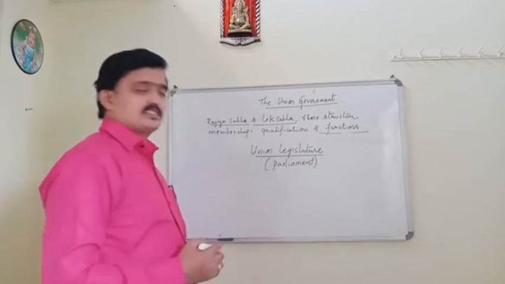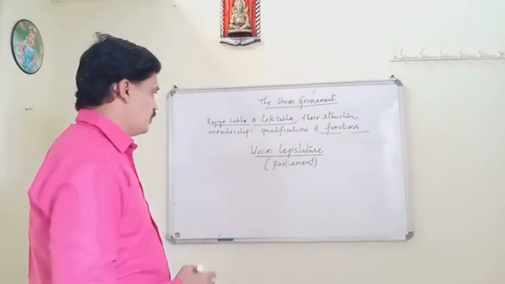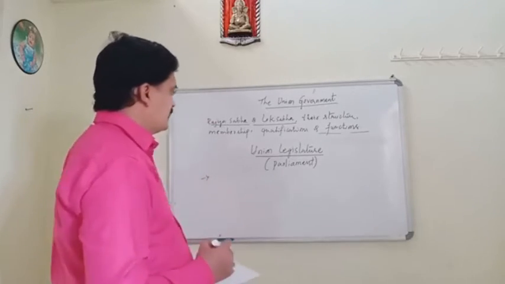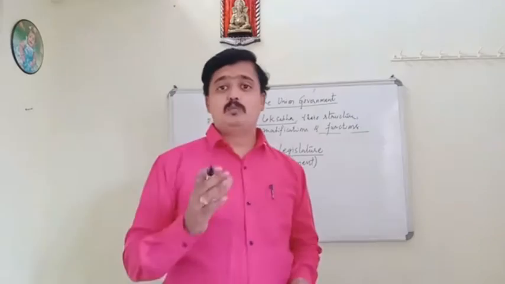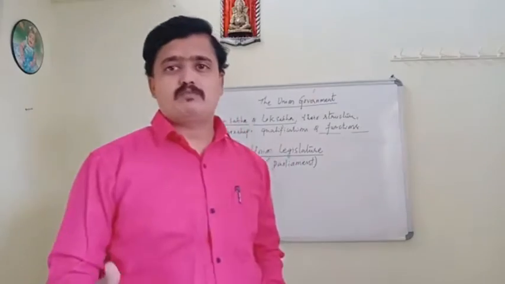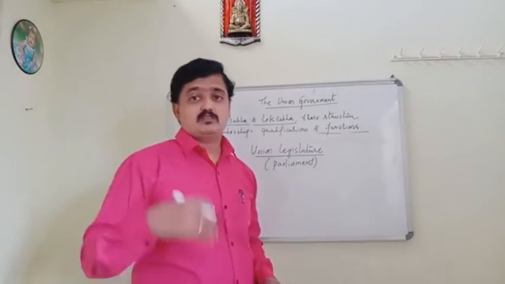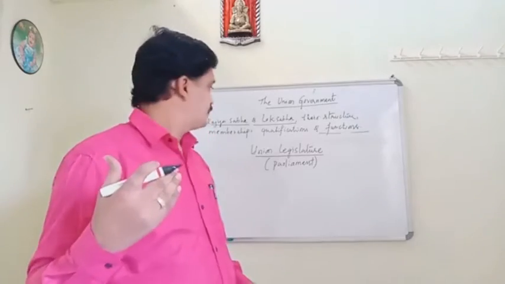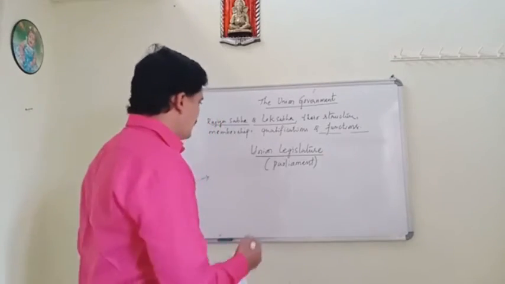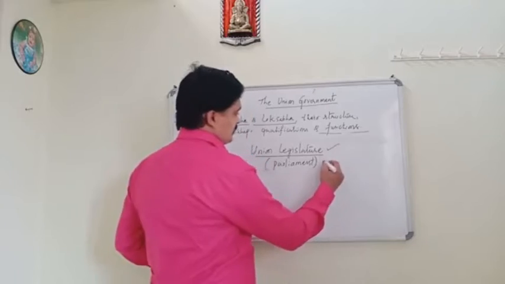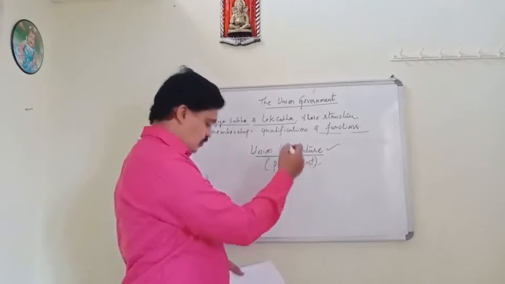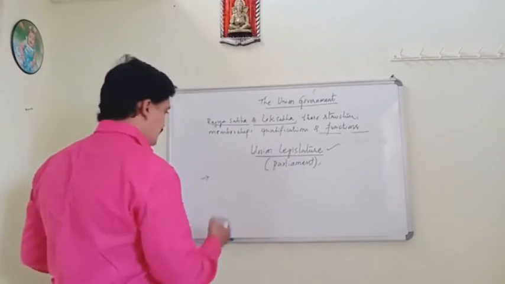The union legislature is also known as parliament. We have already known that India has adopted the parliamentary form of government. India has adopted what kind of government? The parliamentary form of government, and the union legislature is also called parliament.